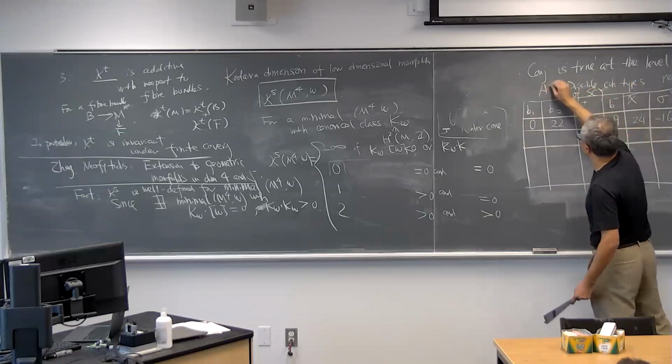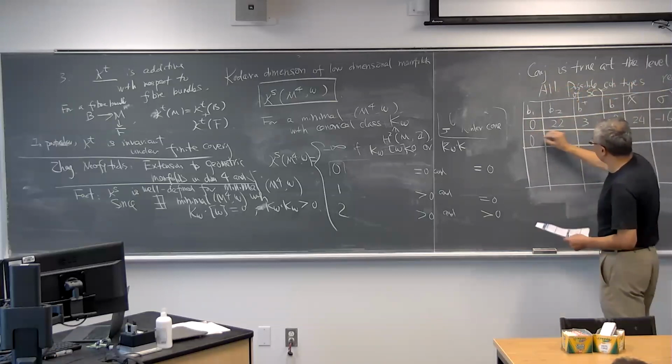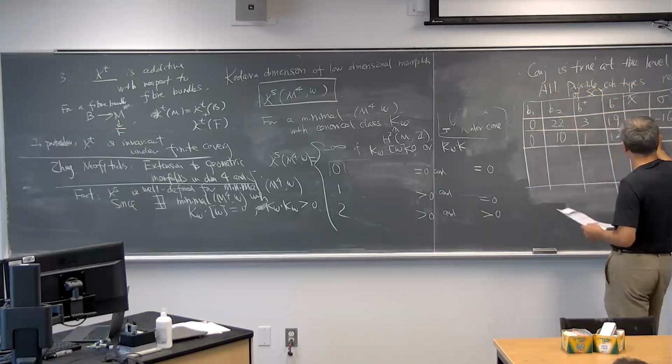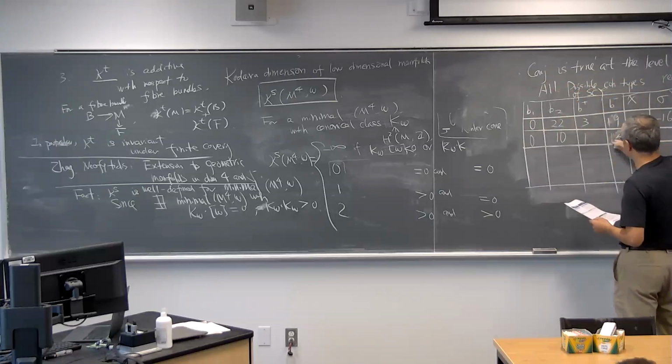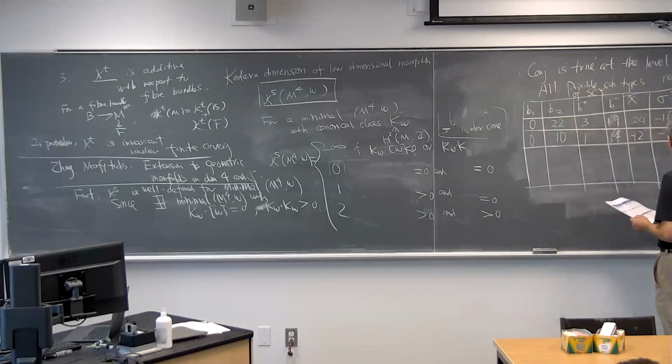All possible. And then you have 0, 10, 1, 12, minus 9, minus 8, 12, this is Enriquez. So here is a known example, right?